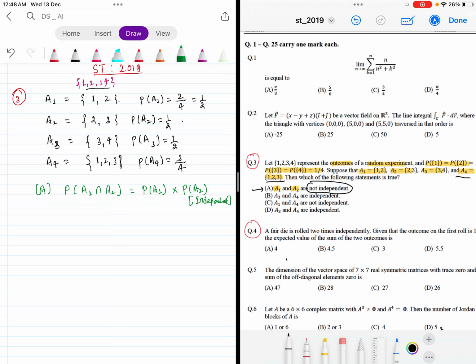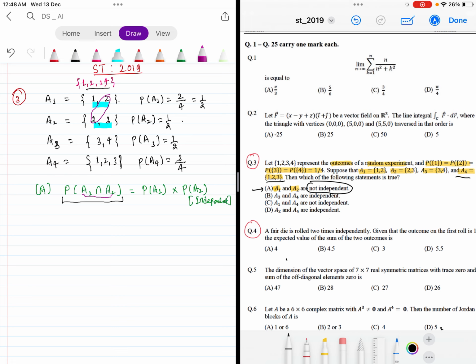Now if you calculate this left hand side, so if you look at this set A having 1, 2, and set B having 2, 3, and I ask you what will be a1 intersection a2, the common element is 2.